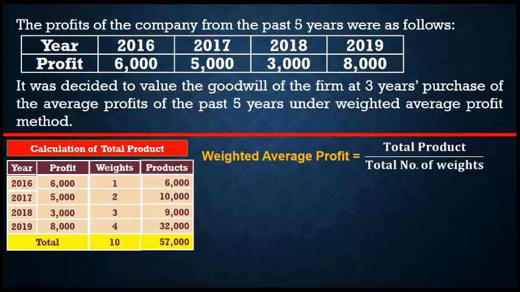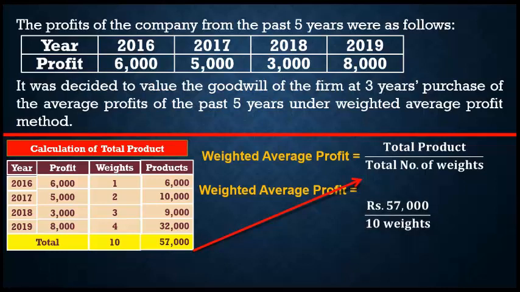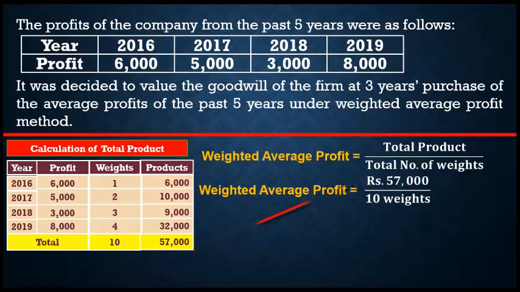Okay, now weighted average profit is equal to, what is the formula? Total product divided by total number of weights. Already calculated, total product 57,000 divided by number of weights 10.